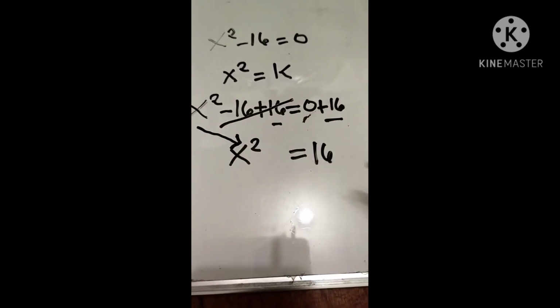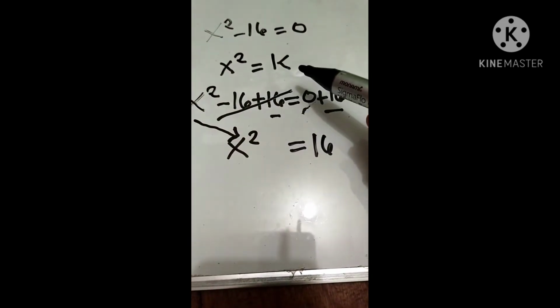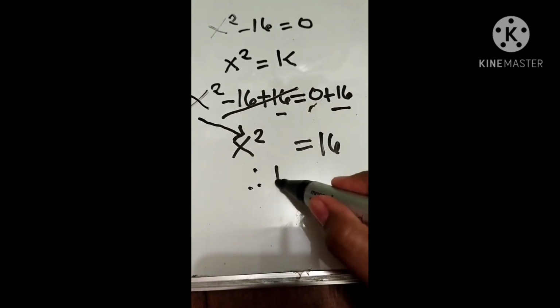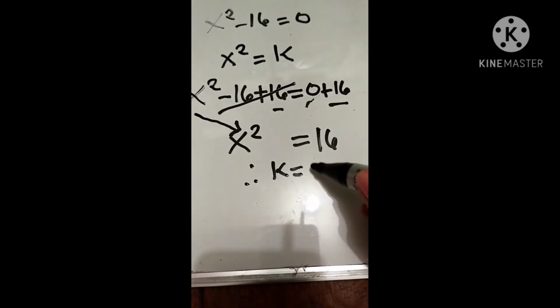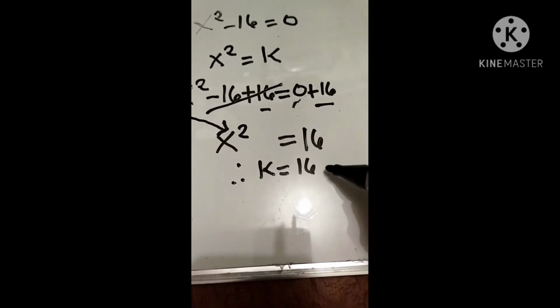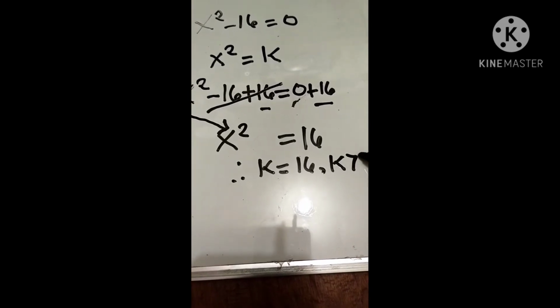From here, since it is already in this form, your k is 16. And from here, you can say that k is greater than 0.